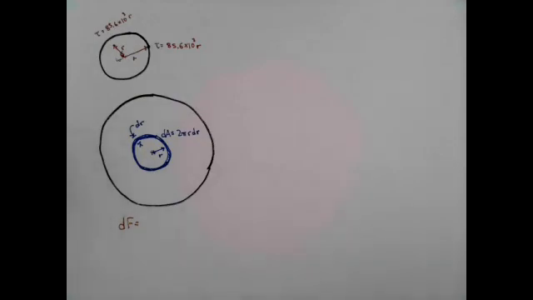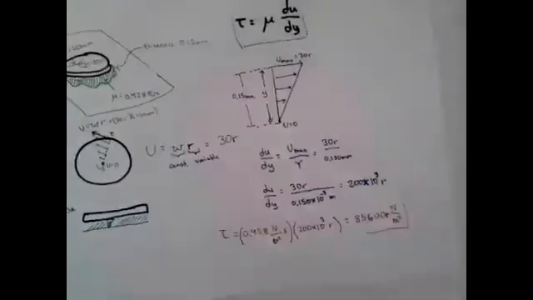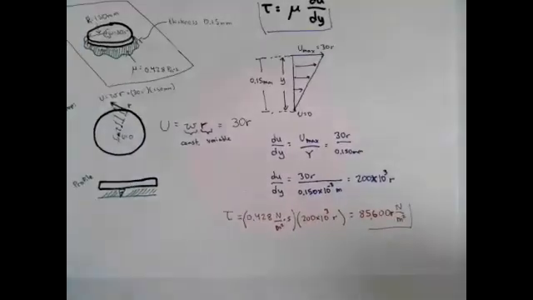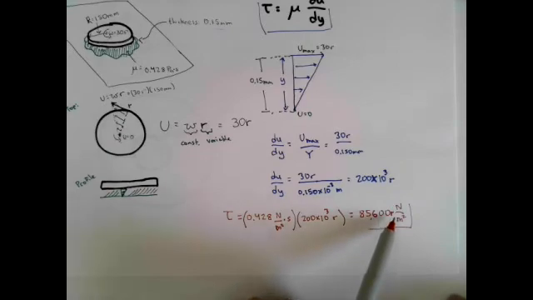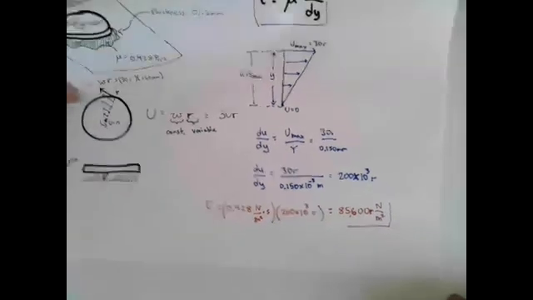I'm not really sure what that force is, but I do know what the shear stress at that element is. If we go back to our initial formulation, the shear stress at any point in this disk is equal to 85,600 times r.